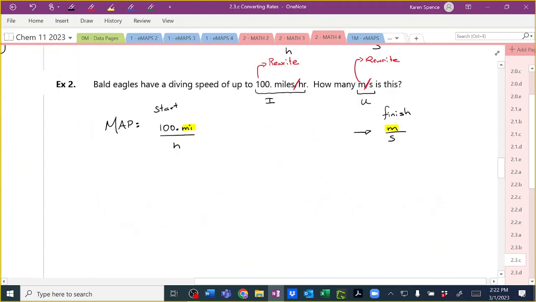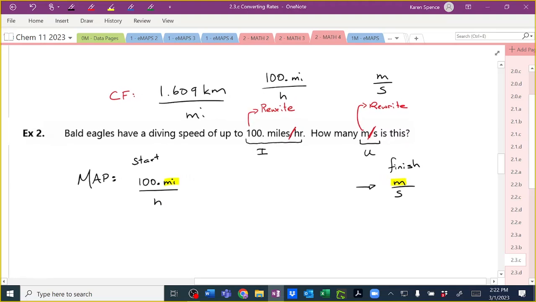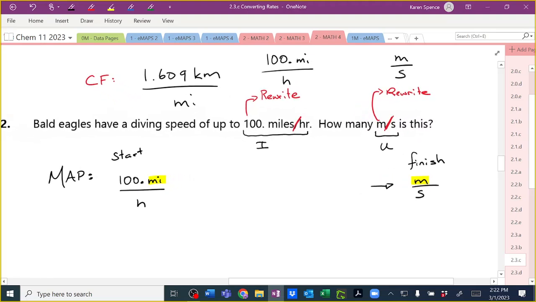So we have a conversion factor that we just looked up, which is 1.609 kilometers per mile. So we are able to go from miles to kilometers. At this point, we're not going to do anything with the hours because we can only deal with 1 unit at a time. So the miles is going to kilometers.